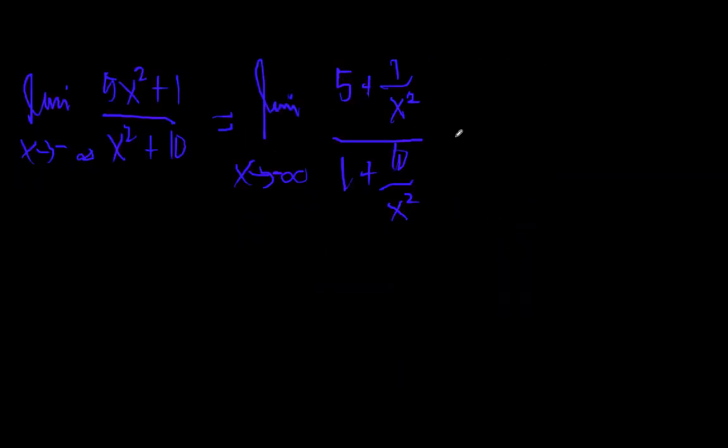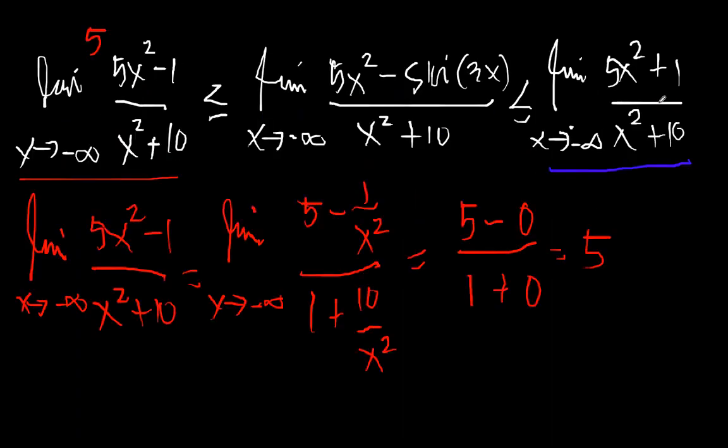So let's evaluate the limits. The limit of 5 is 5, the limit of 1 over x squared as x approaches negative infinity is 0, the limit of 1 is 1, and this one is 0, and this is equal to 5. So the limit here is equal to 5.